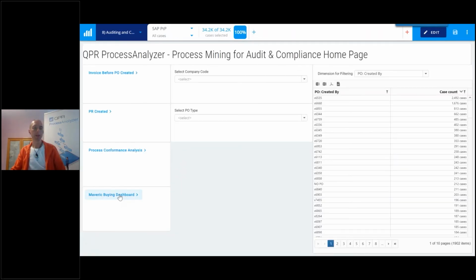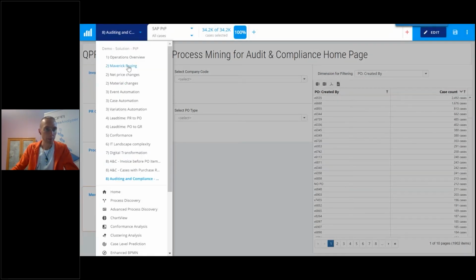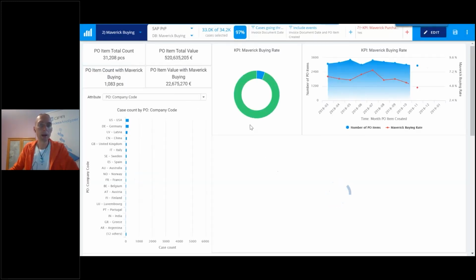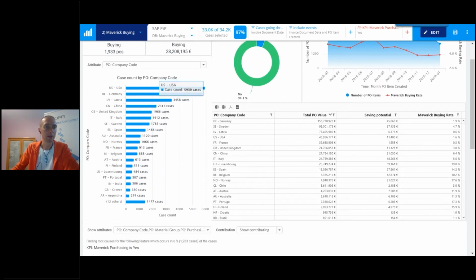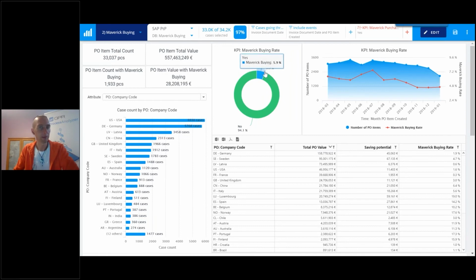We have also a dashboard here in this sort of a demo setup for the Maverick buying dashboard. Let's open it over here. So Maverick buying dashboard, and in this Maverick buying, again we see how much we have total POs, and now the Maverick buying volume is 28 million, and here we see the case counts by the companies, and we see that 6% of the cases are Maverick buying with these trends.